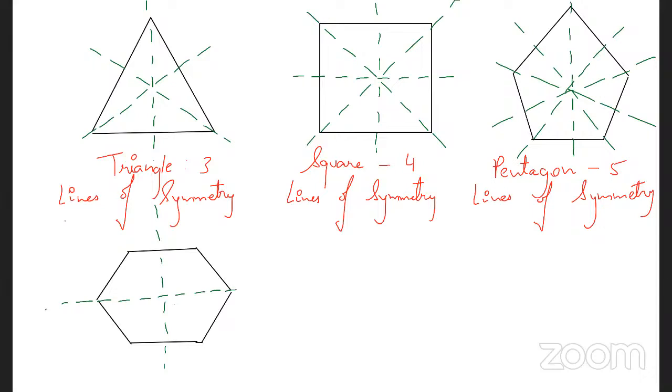One vertical, one horizontal, then we'll pass through all the vertices, from all the corners. That is your hexagon with 6 lines of symmetry.